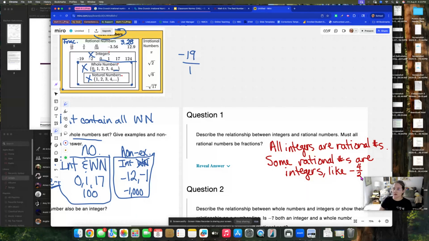Negative 2 is an integer. Must all rational numbers be fractions? No. Terminating and repeating decimals are rational.